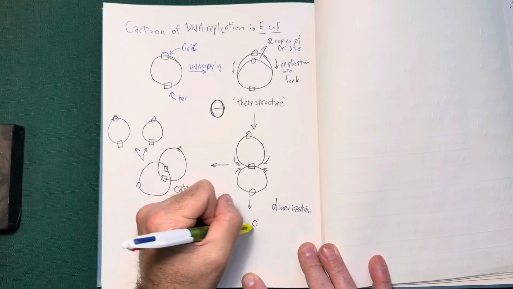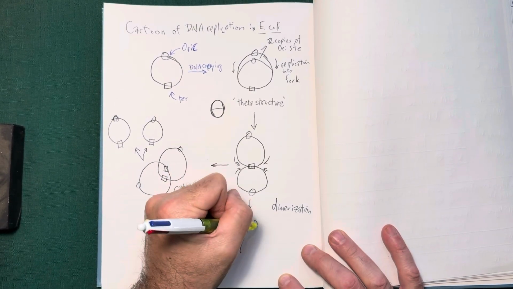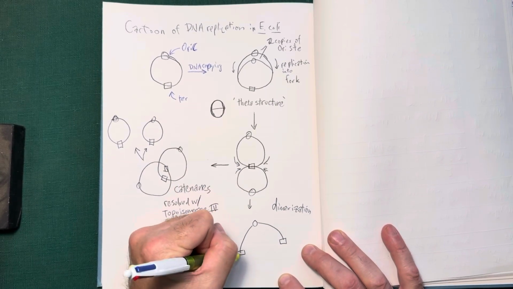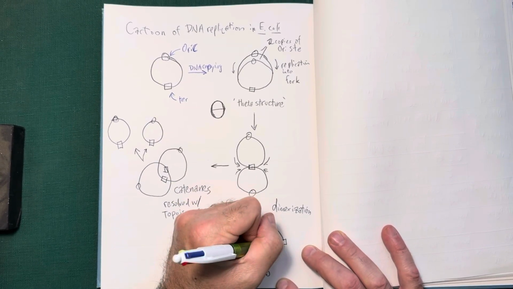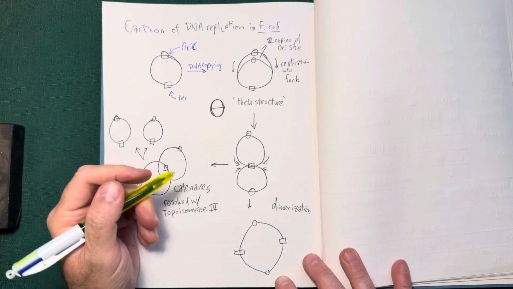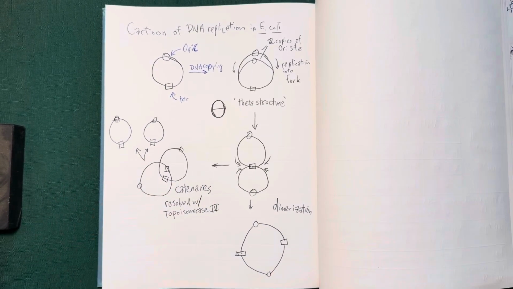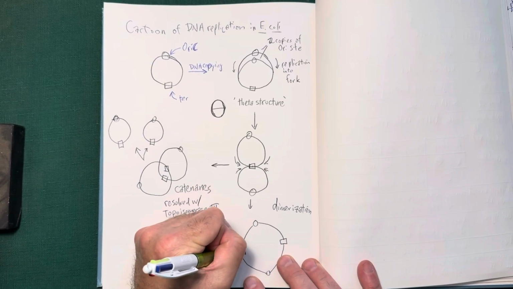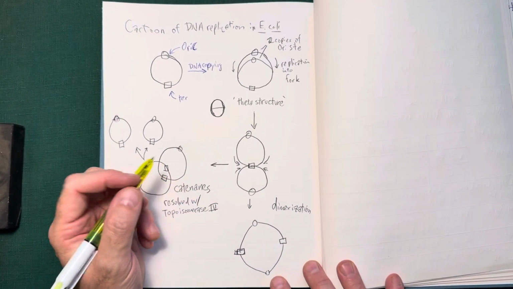And when dimerization happens, we end up with two copies of the replicon that are connected such as like this.